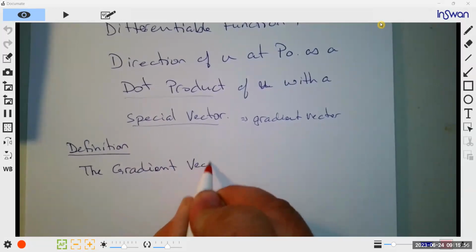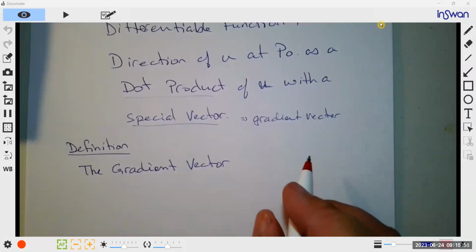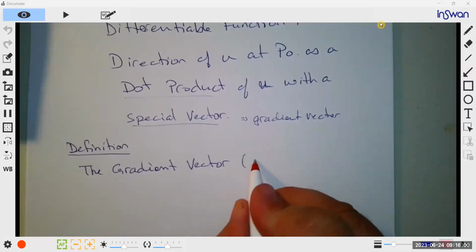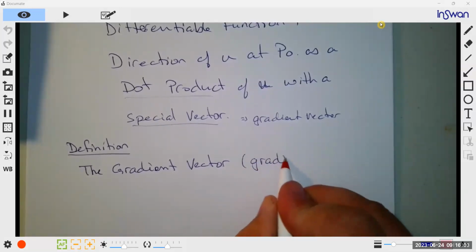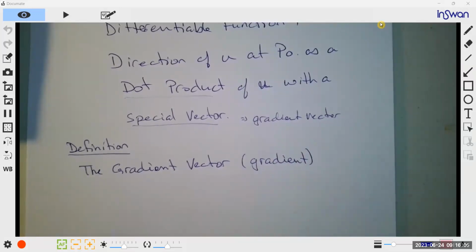The gradient vector, or just call it the gradient. We have symbols for it. I'll get to that in a second.